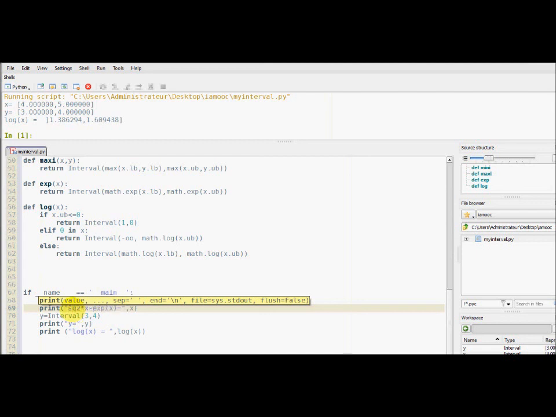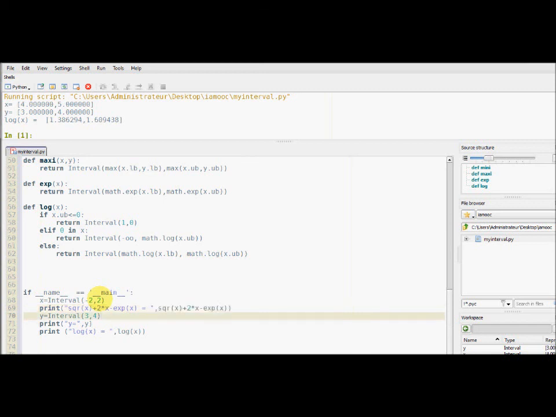So it was square of x to start, square of x minus, plus 2 times x minus exponential of x, equal. Okay, we'll remove this.